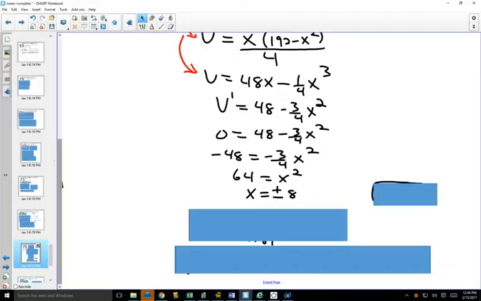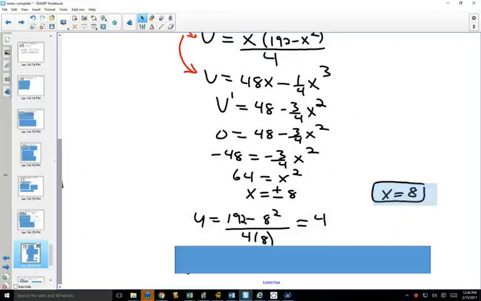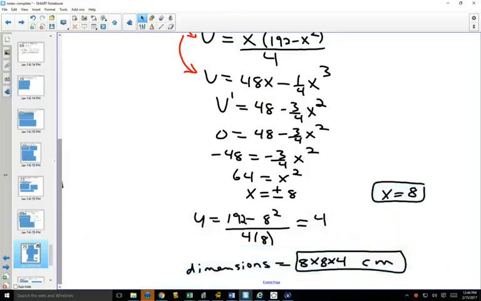You're talking about dimensions here, so only positive 8 makes sense. And when we plug in 8 into our formula for y, we get that y has to be 4. And now we know our dimensions have to be 8 by 8 by 4 in order to have that surface area, but to get the biggest volume possible.